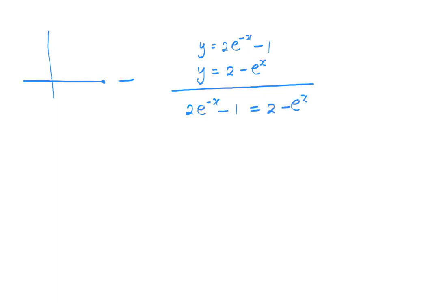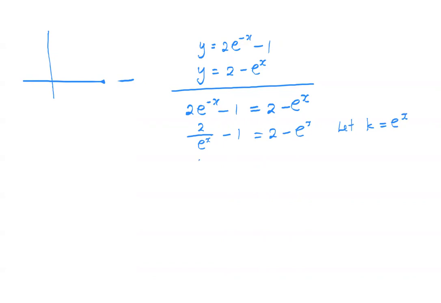How to solve this simultaneous equation? Because this is 2 over e to the power x, am I right? Whenever you see things that are complicated like that, as I told you before, we let k be equal to e to the power x.